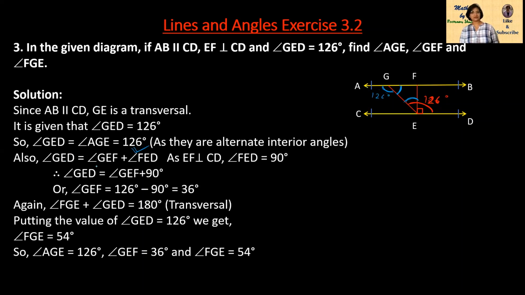Now also GED equals GEF plus FED, and FED is given as 90 degrees and GED is given as 126 degrees. So we will do GED equals GEF plus 90 degrees. So GEF will come 126 degrees minus 90 degrees.